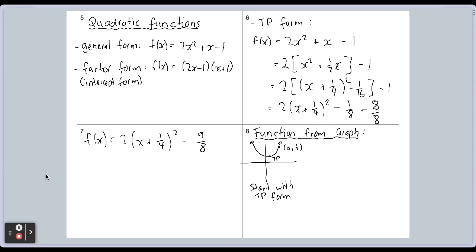What I've drawn there is not exactly that, but that's what I mean. It's in factor form already. I can expand that into general form, but I'm just looking at the shapes of the graphs, not so much the functions themselves.